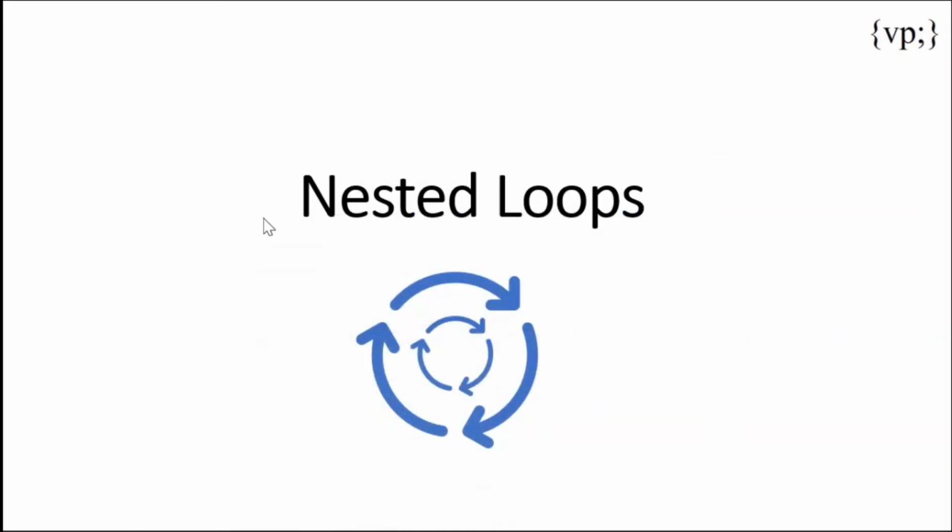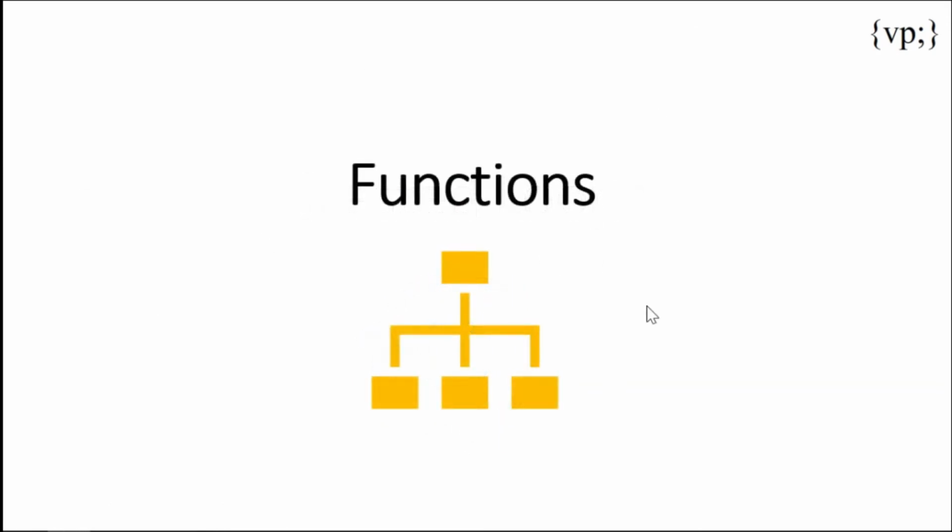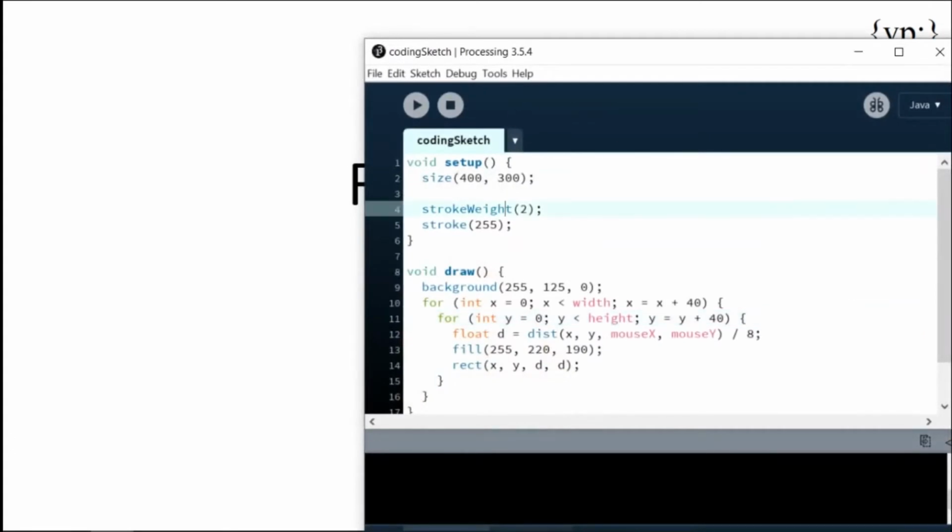So let's minimize this and get into functions. What we need to learn about functions is, first of all, the basics of functions. Let's go back to our bouncing ball example. So really simple, let's create a size, this size is good.